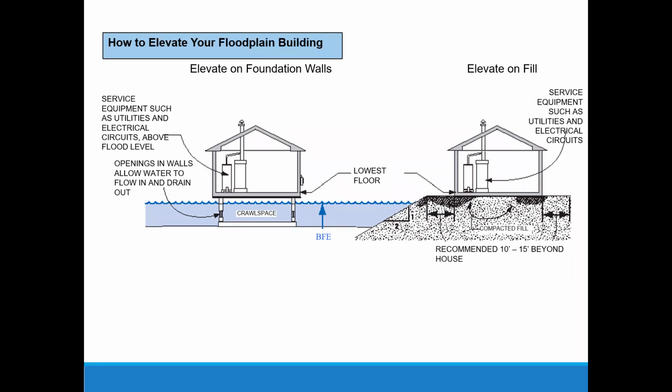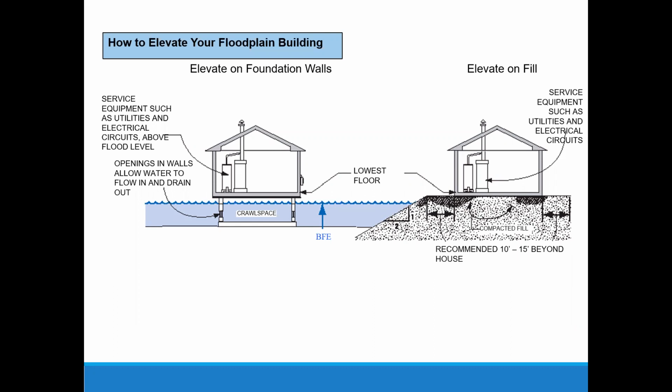That would be the preferable thing to do to protect those utilities. They are expensive to replace and are becoming a large part of flood insurance claims. That's when FEMA made sure that utilities were included in things that had to be elevated.